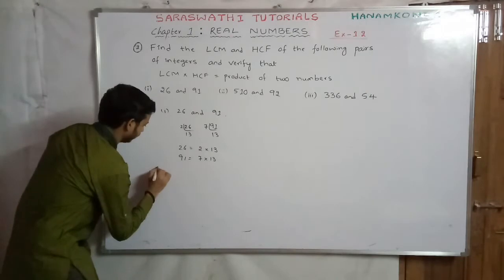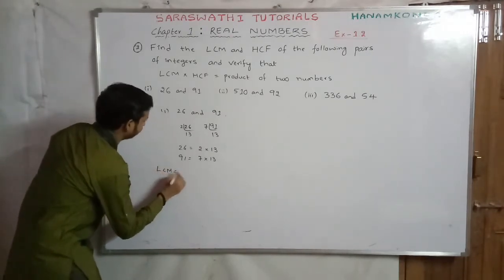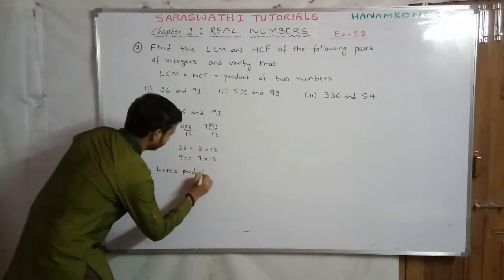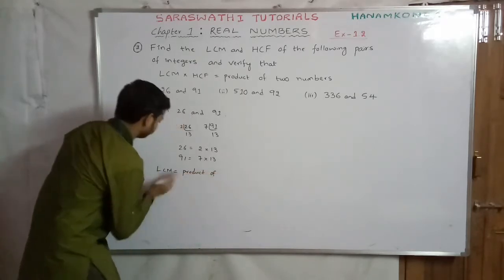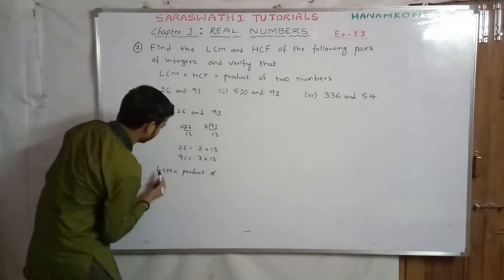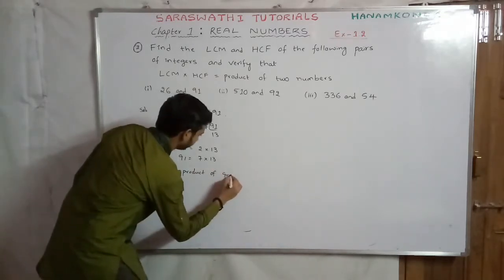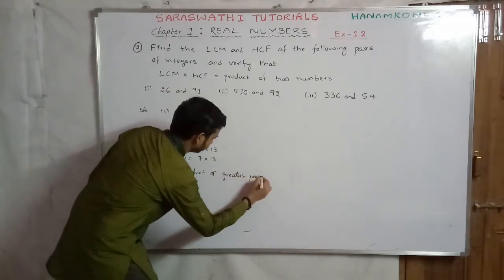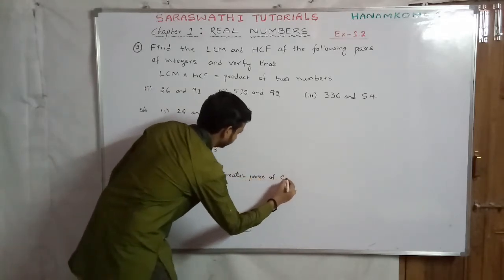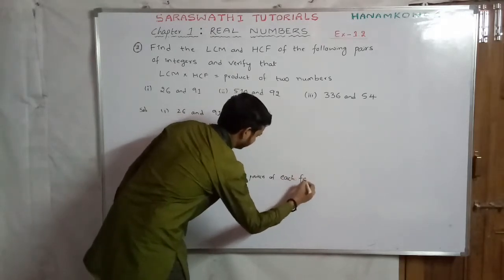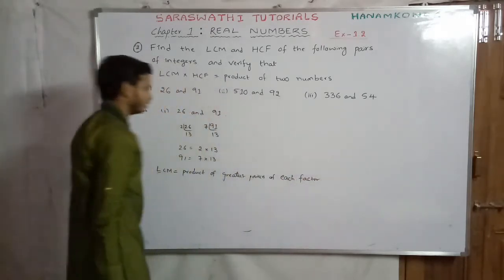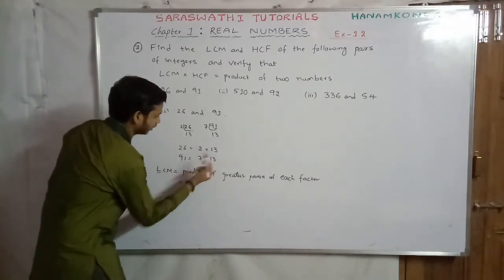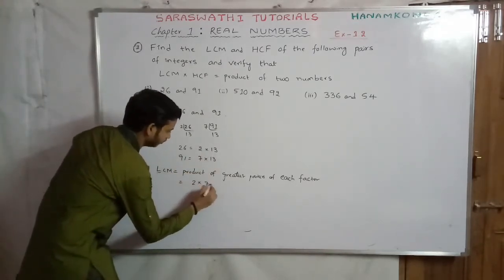Now LCM equals the product of the greatest powers of each factor, since for the least common multiple we have to take the greatest power. The factors are 2, 7 and 13, so 2 into 7 into 13.